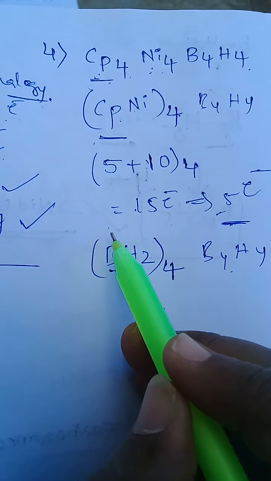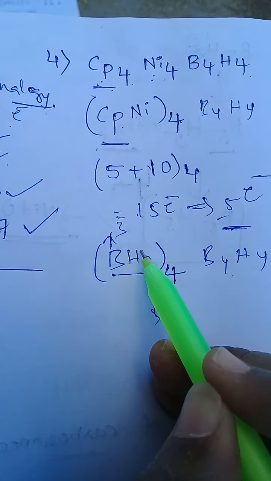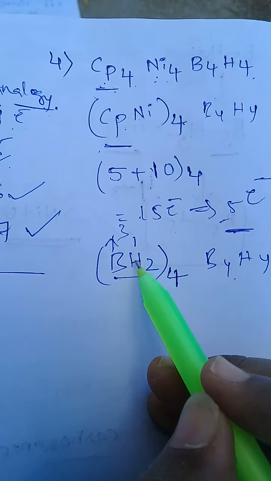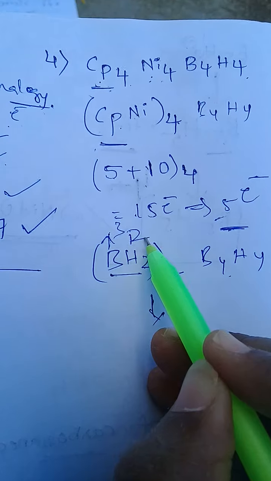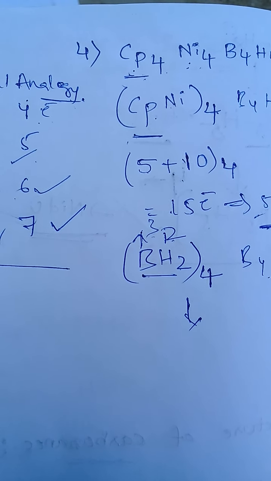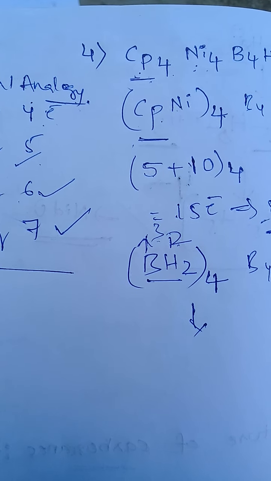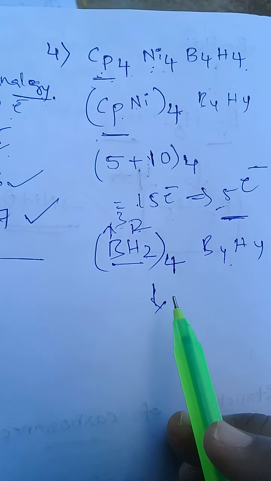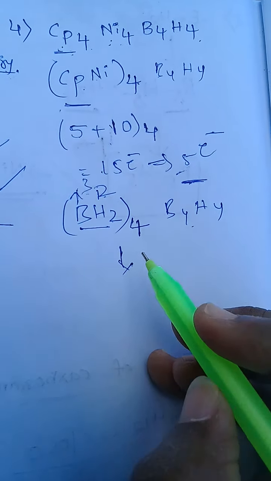BH2 means boron valence electrons 3, hydrogen valence electrons 1 and 2 hydrogens, so total 5.